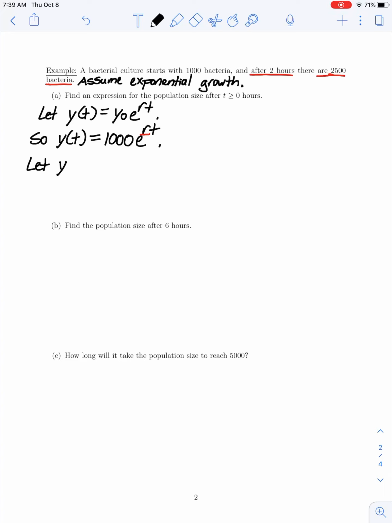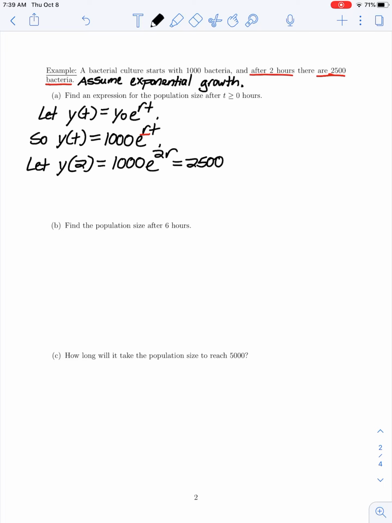So using what we're given, the population size y at time t equals 2, that is after 2 hours, is given by 1,000 times e to the 2r, and we're told that that equals 2,500.